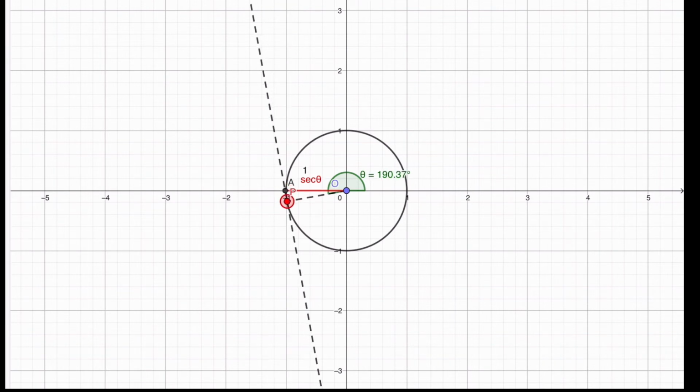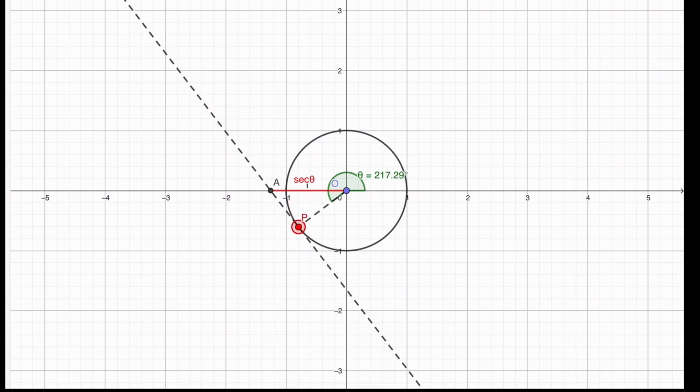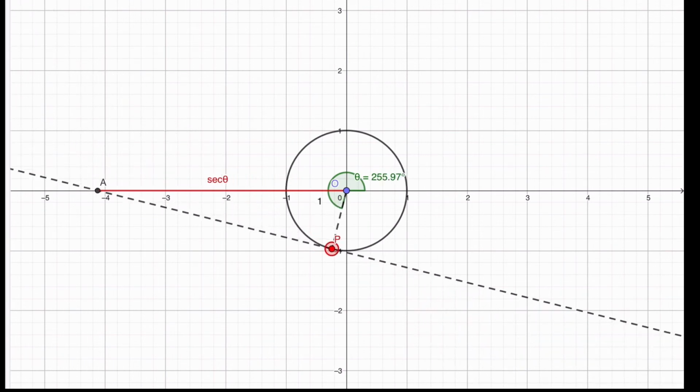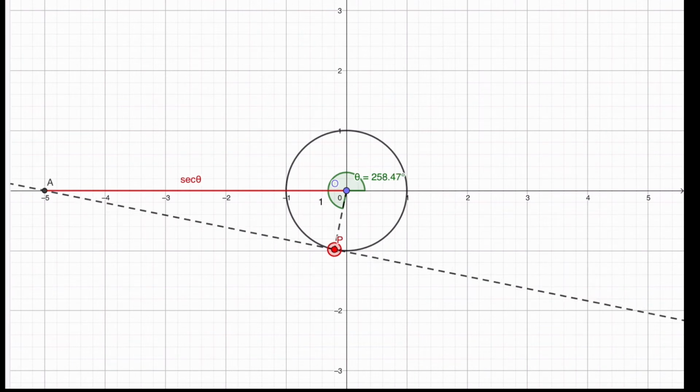In the third quadrant, secant theta is negative and it decreases from negative 1 to negative infinity. Look at OA, it approaches negative infinity. Positive infinity and negative infinity are just symbols denoting that they are very large quantities.